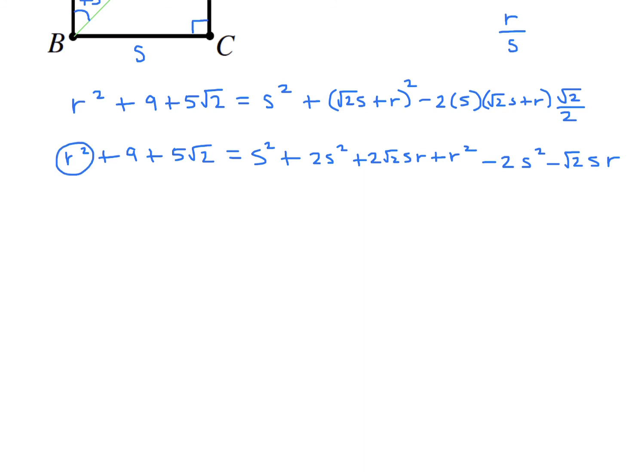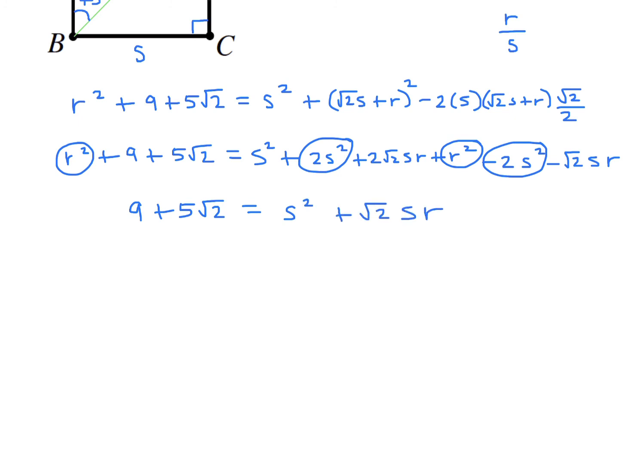This cancels. Anything else cancel here? Oh yeah, this guy cancels with that. So we are just left with 9 plus 5 root 2 is equal to S squared plus root 2 SR.